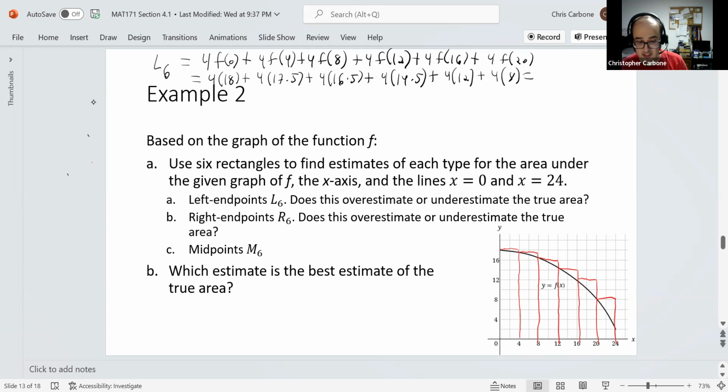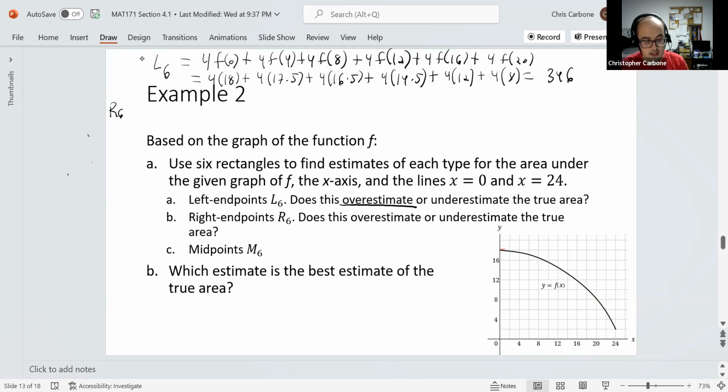This approximation gives us an area roughly 346. And as you could tell by these rectangles, this is going to be an overestimate of our area.